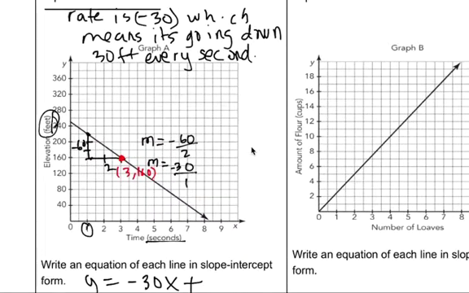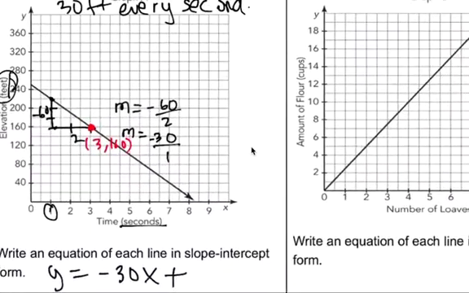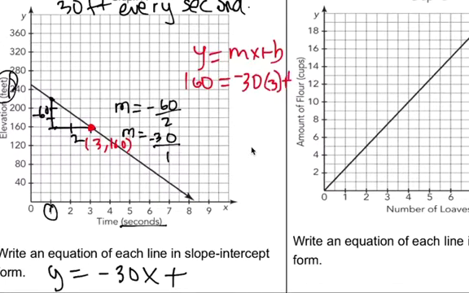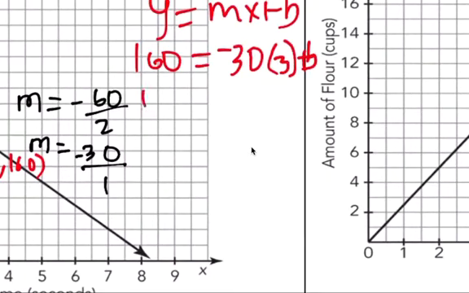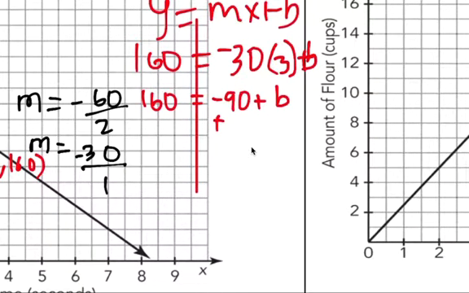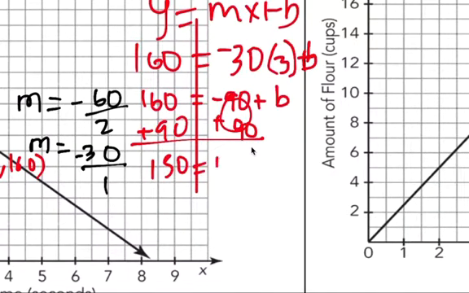Okay, so y equals mx plus b, right? Y is 160 plus the slope, negative 30, times 3 plus b. So that's 160 equals negative 90 plus b. I add 90, add 90, make 0 there, 150 equals b.